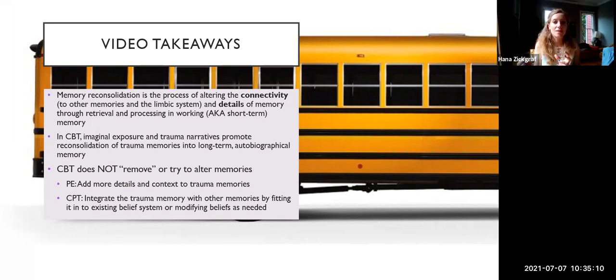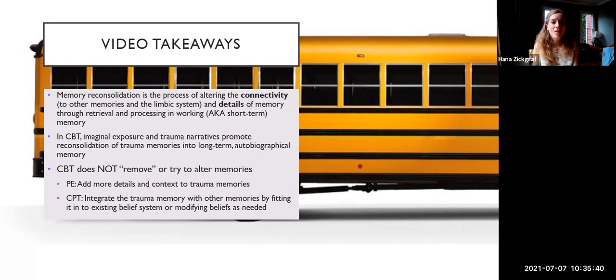The process of reconsolidating trauma memories from these fragmented, visceral, limbic connected, easily triggered, non-autobiographically integrated nodes into more coherent, more specific, more contextualized memories is the way that CBT works to help people recover from PTSD and help make the trauma memory less ever present and less likely to cause constant hyperarousal and the development of new conditioned fears.